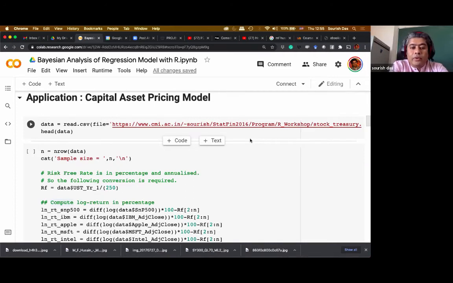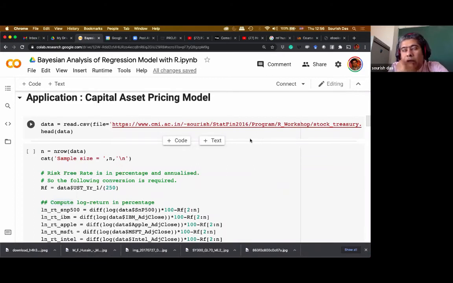So what I'm going to do: I have done the capital asset pricing model, applications of regression in quantitative finance, in the regression course, so I have given a basic intro to this model.